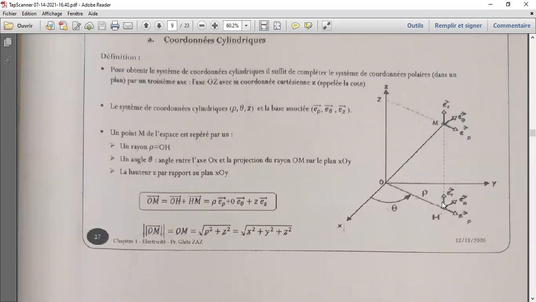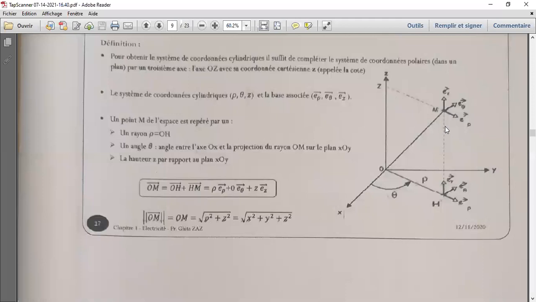Then z is the distance from here to the point M. The only difference is that to reach the point M, I have to move in 3 steps: a radius rho, at a certain angle theta, and then a height z to get my point M. That's what you have to note under cylindrical. Cylindrical is defined by rho, theta, and z.